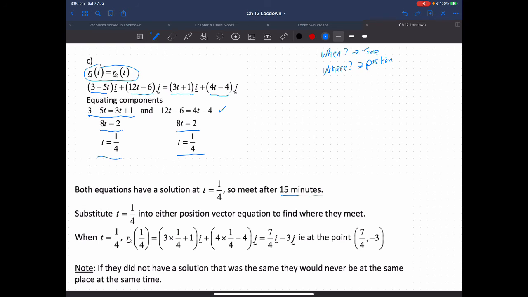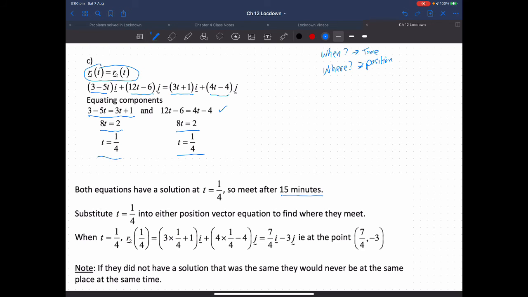So I can take my t equals a quarter and I can substitute it into either position vector. It doesn't matter which one, because both of them will be at the same place at the same time. So substituting the t equals a quarter into one of them, I've used R2 here.